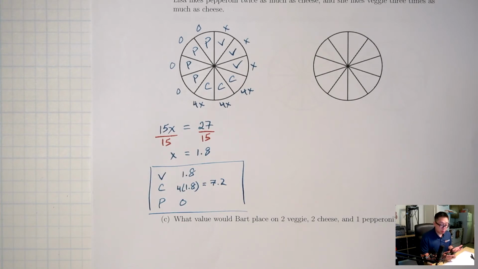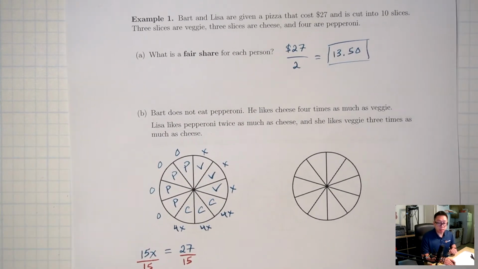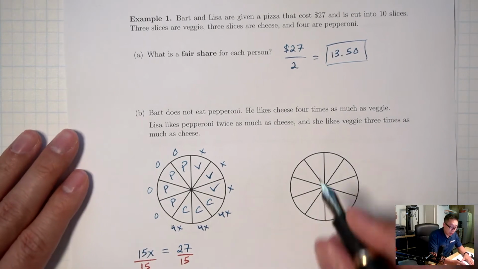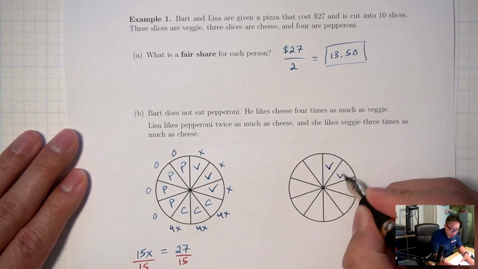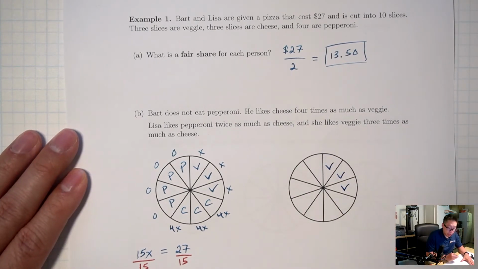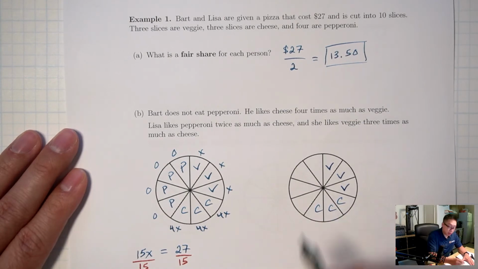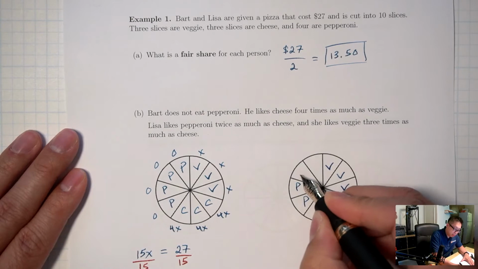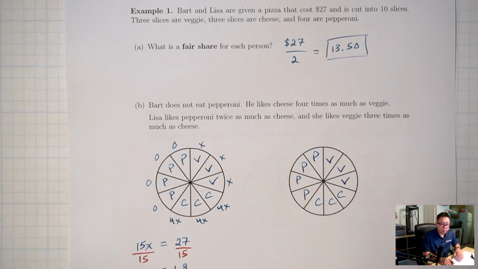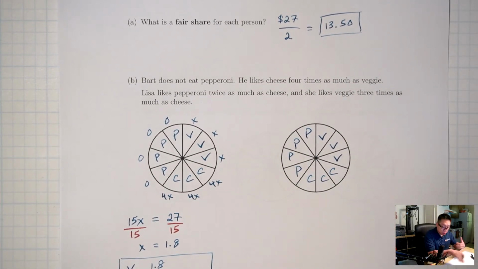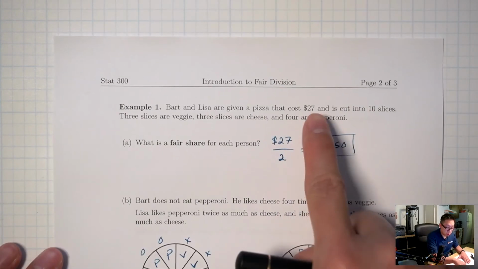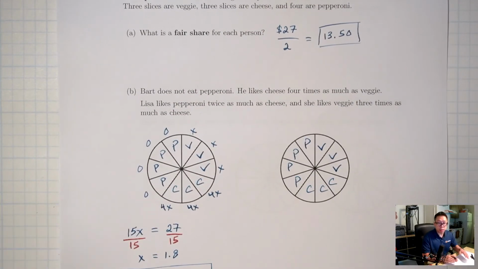Now we're going to do the same thing for Lisa. Okay, same pizza. So we have 3 veggie slices. We have 3 cheese slices. And we have 4 pepperoni slices. Okay, I want numbers around this pizza so that 1, they add up to the total, which is 27, and 2, they reflect what Lisa likes.